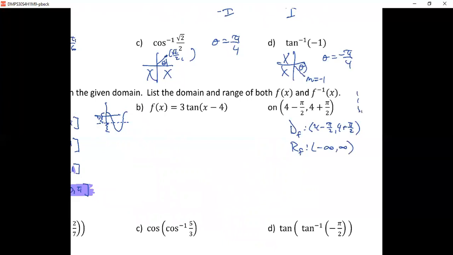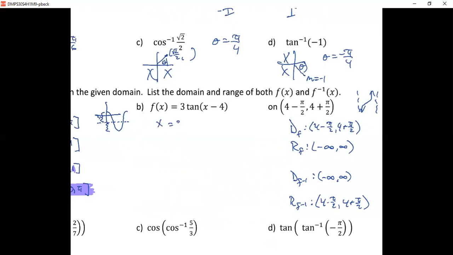Just a quick reminder that tangent graphs will look like that, which is why the range is -infinity to infinity. What that means is the domain of f inverse is going to be from -infinity to infinity, and the range of f inverse is going to be from 4 minus pi over 2 to 4 plus pi over 2. And again, I'll show you why that's going to be true after I do this problem.